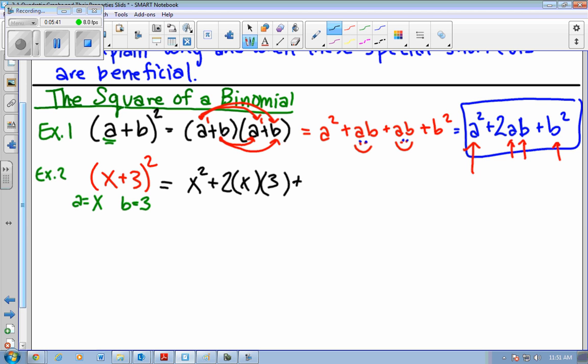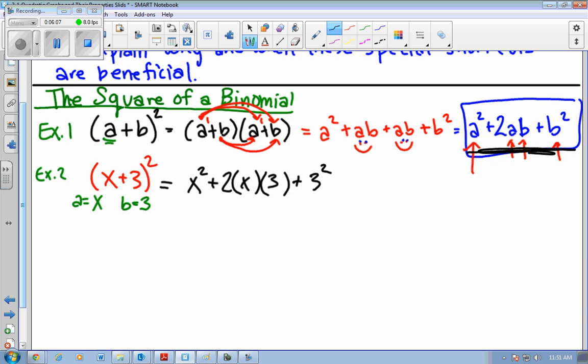And b was what again? 3. 3 squared. I did the shortcut. Okay, we'll practice these over and over. A squared, the first guy squared, plus 2 times 1 of each of them, plus the second guy squared. It's the shortcut.